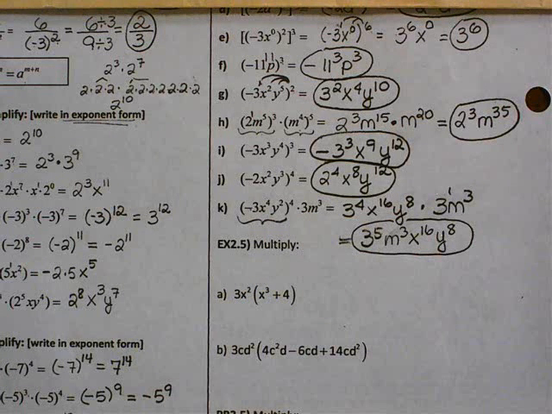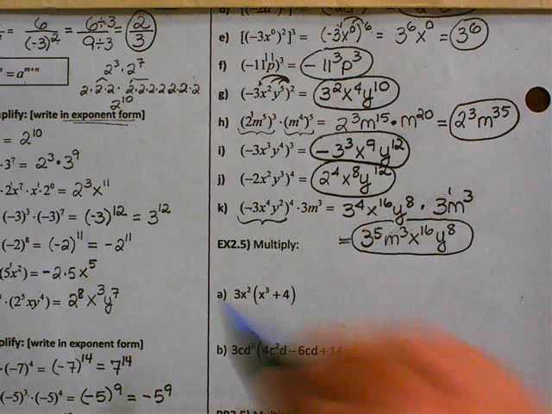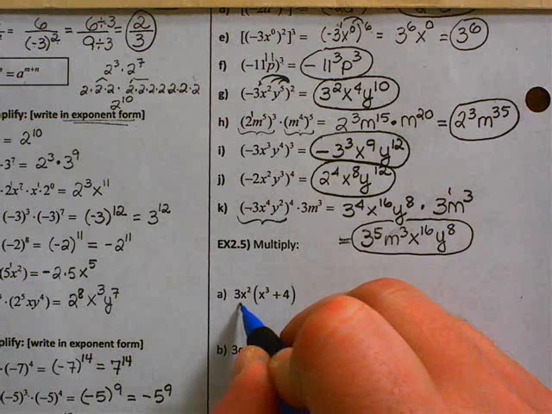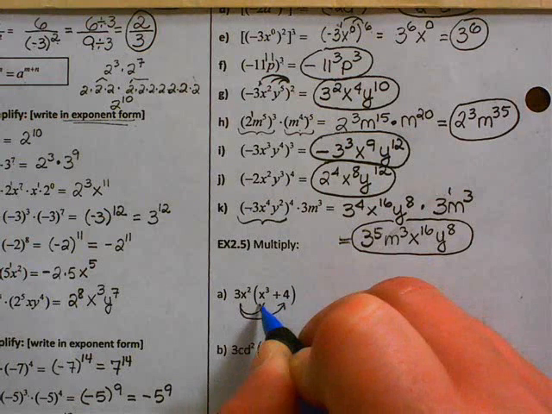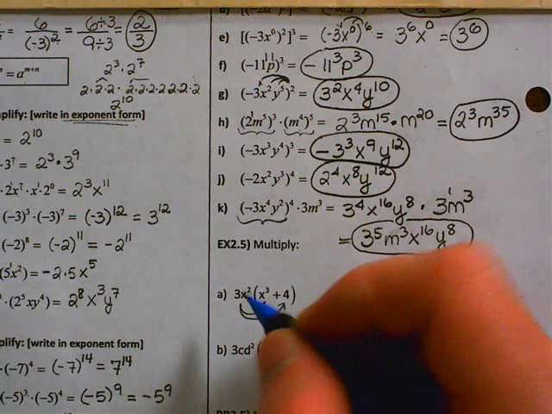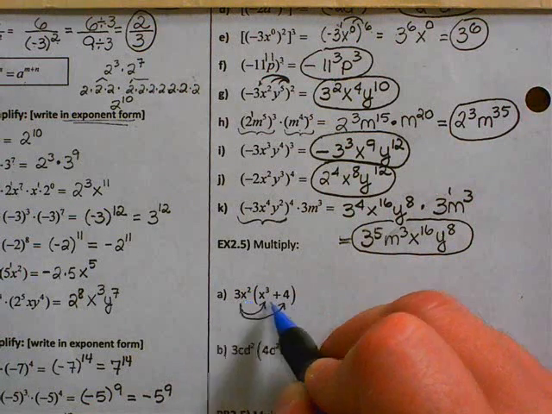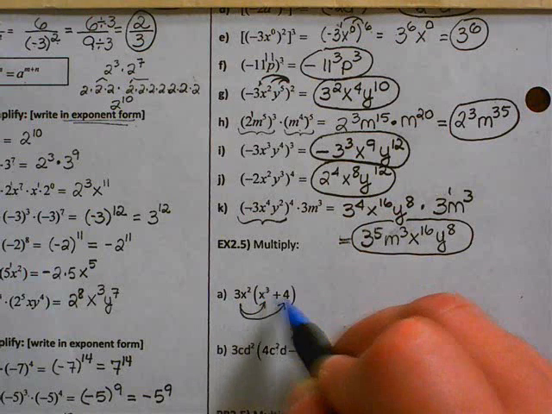And the way you do it is you use the distributive property, to distribute the 3x squared to each term inside the parentheses.